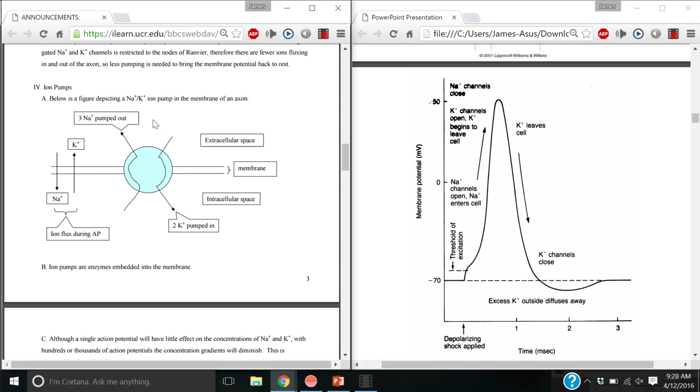What are these pumps actually sensing? The sodium-potassium pump senses the intracellular concentration of sodium. As the intracellular concentration of sodium increases, that will increase the rate at which the sodium-potassium pumps are active.